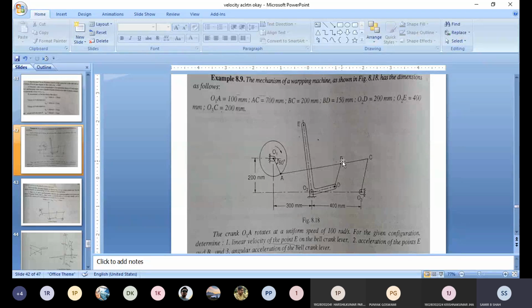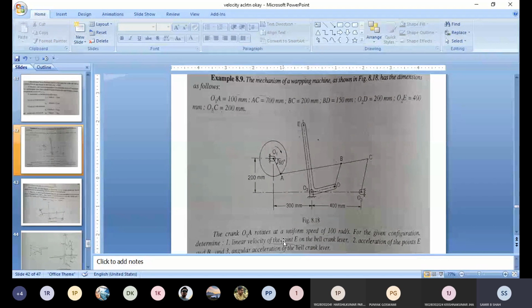From point B take 1.5 centimeter and from O2 take 2 centimeter. Both intersect at point D. Join O2D and BD.